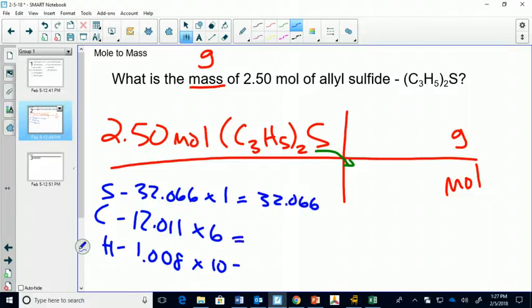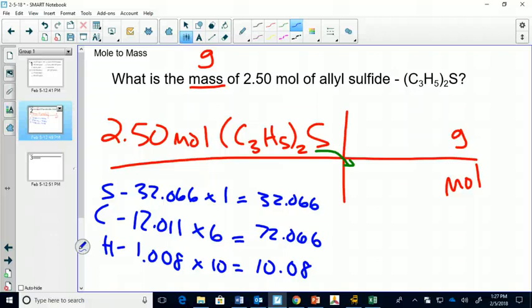Does somebody have some of these other numbers for me, quick, that we can plug in? 12.011 times 6 and 1.008 times 10. So this will be 10.08. Look how good I can do math. Sounds good. Again, not that I don't trust David, but is that what someone else got? Same thing? Okay, good, thank you.